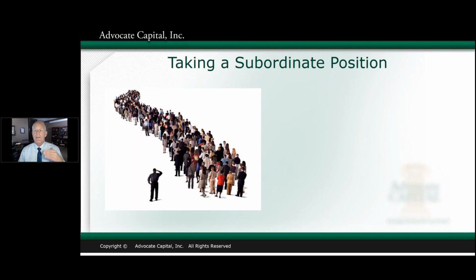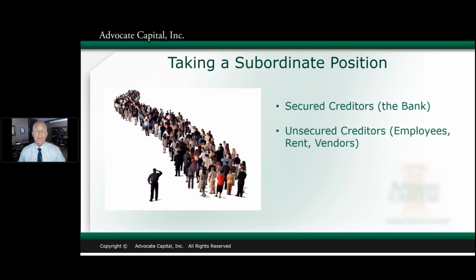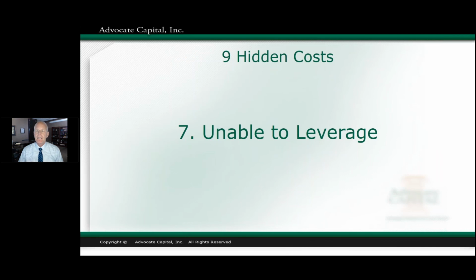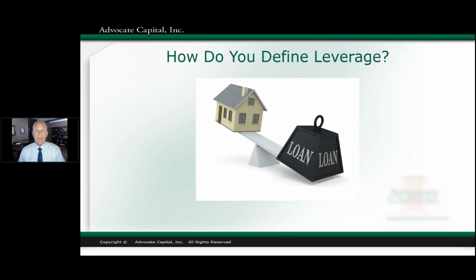It's probably not going to be there. So you've taken a subordinate position. You've undermined the value of that asset by putting it in a subordinate position. So everybody else gets paid except you because it performs like equity. Number 7, the inability to leverage an asset undermines its market value.